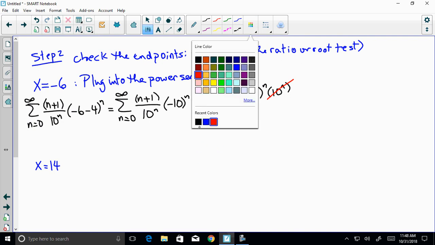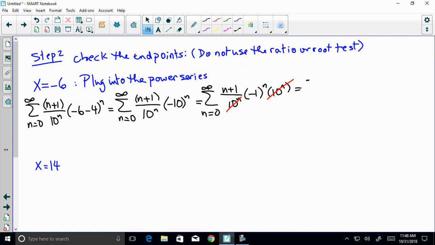So here we're going to get sigma n plus 1 times negative 1 to the n. Let me put the negative 1 to the n up front: negative 1 to the n times n plus 1, n from 0 to infinity.